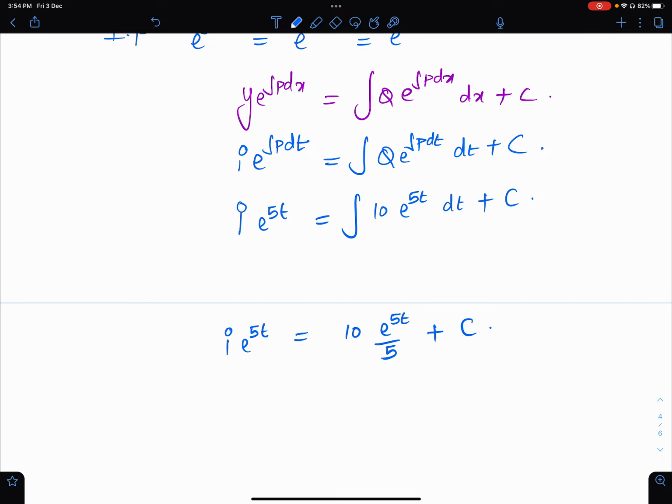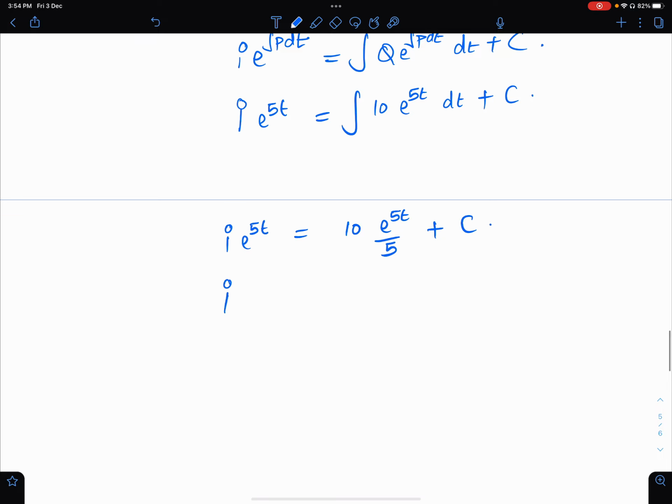Cancel 5, and what do you get? I e power 5t equal to 2 e power 5t, plus c. This is the solution.